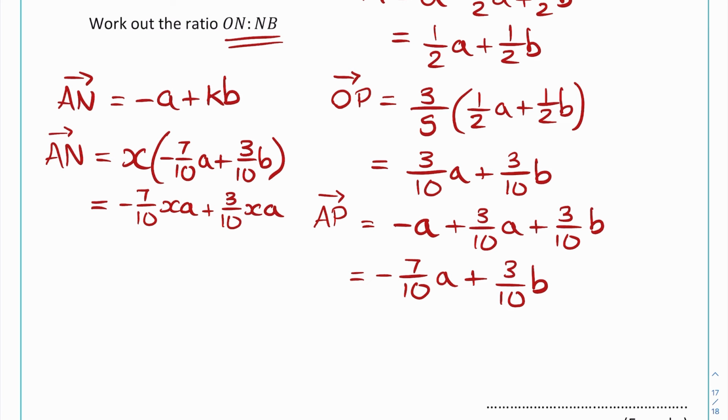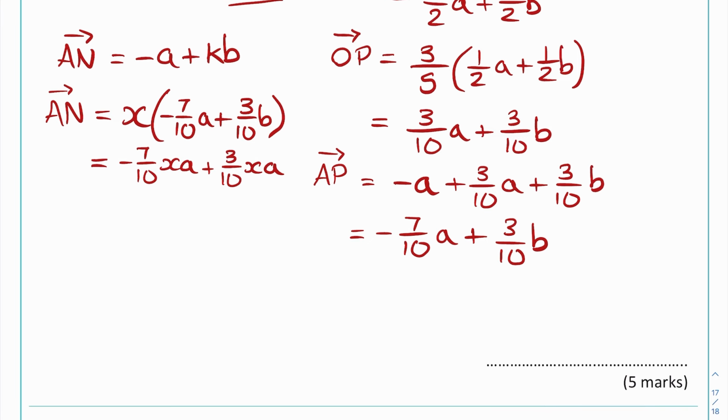So you can expand it as well. Now if we think about these coefficients of a and the coefficients of b, sorry, that should be a b at the end there. So the coefficients of a and the coefficients of b obviously should be equal, because this is the same line, it's the same thing. So if we set them equal to one another, then we should be able to solve this, and we should be able to get something out of it.